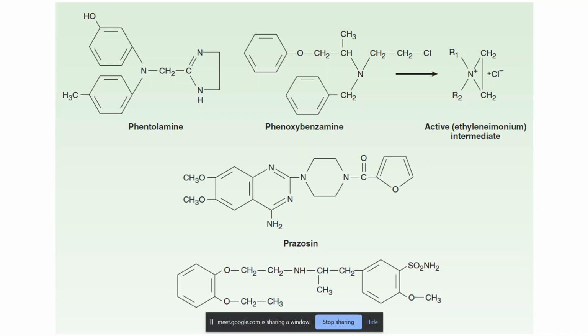These drugs are used primarily for their antihypertensive effects, and also reversible alpha adrenoceptor antagonist or partial agonist.